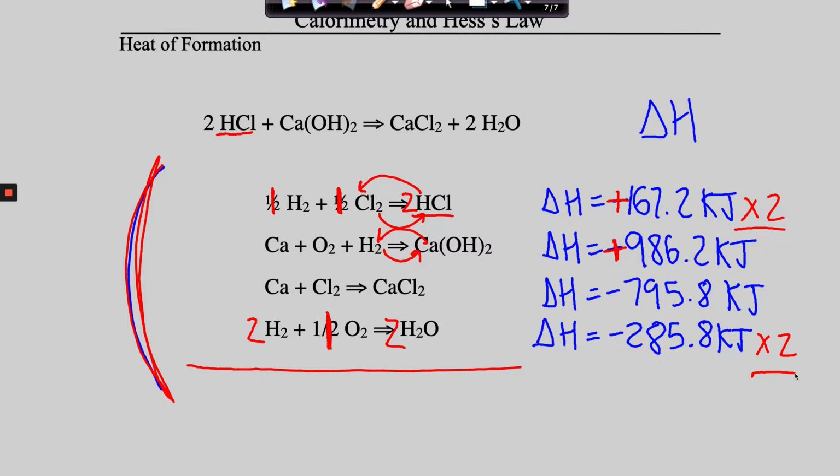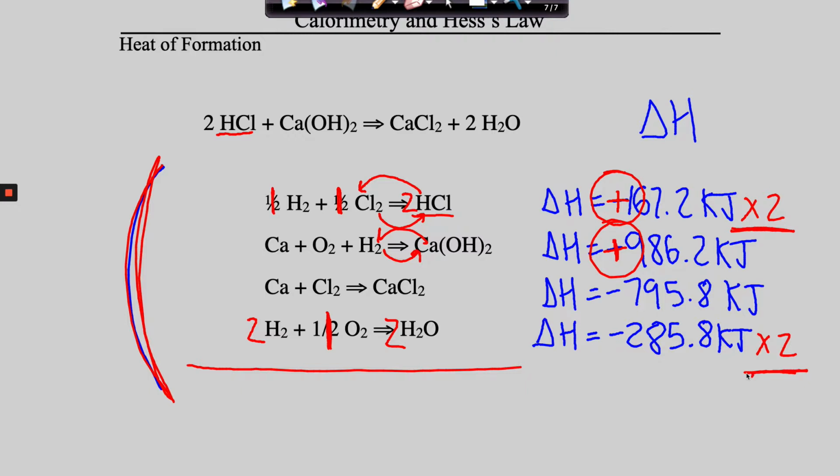Let me now summarize. Don't miss this. Guys, in order to do this math, here's what we did. We changed the signs for the reactants. Why? Because reactants are consumed and not created. Then we multiplied by the coefficients from the balanced equation.